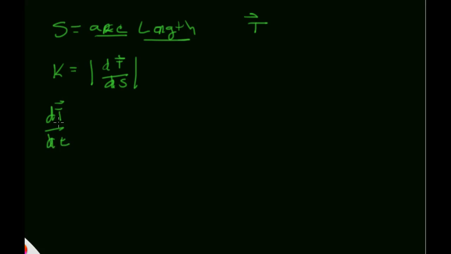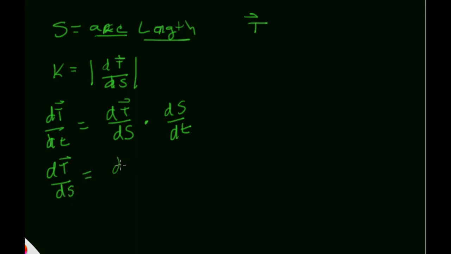So I know that dT with respect to t is going to be dT with respect to arc length times the change in arc length with respect to time, which means that I can flip this around and say the change in the directional vector with respect to arc length is going to be the change in the directional vector with respect to t over the change in arc length with respect to t, and that is something that is quantifiable.